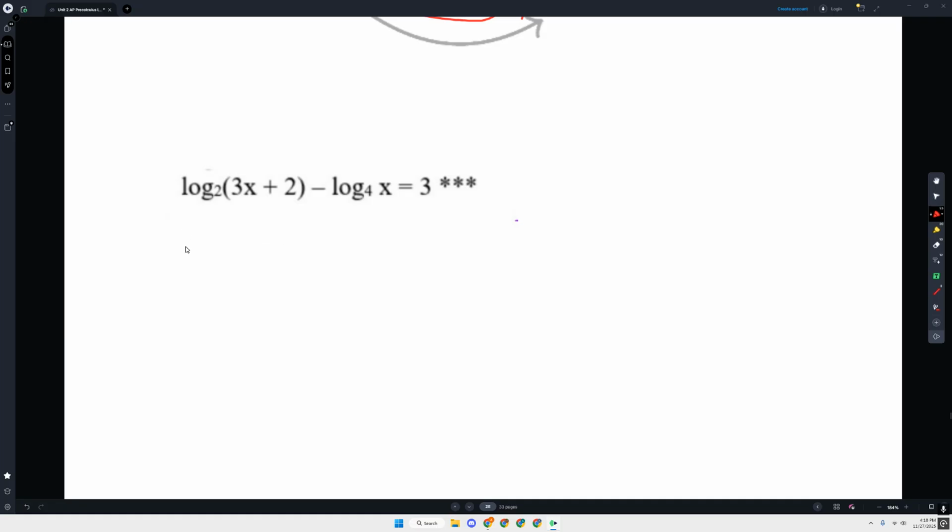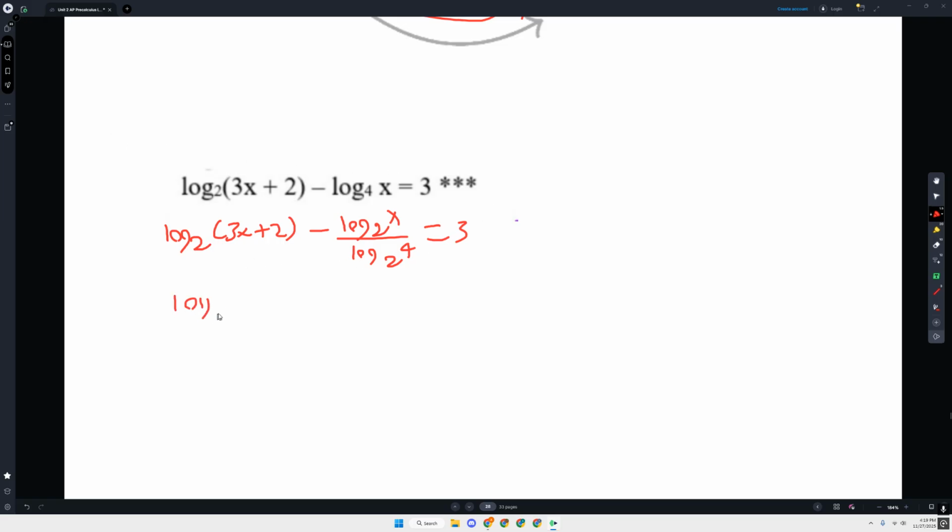So our first step is just to simplify. So log base 2 of (3x plus 2) minus log of 2 to the x divided by log 2 to the 4, which is equal to 3. And then from there, we're going to simplify this.